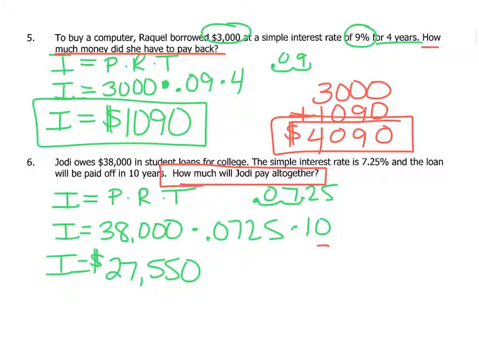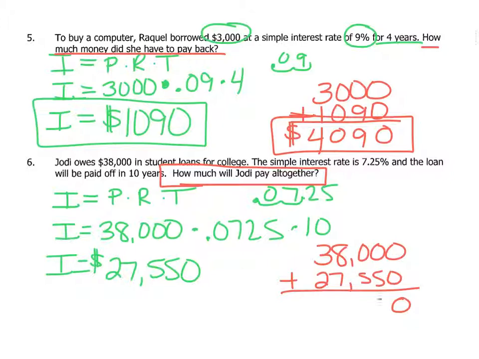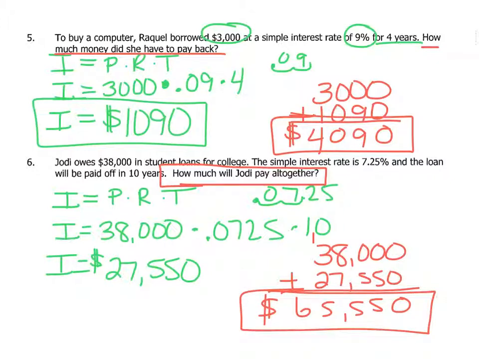Well, of course, she has to pay back the actual loan amount, which was $38,000, plus the interest that was accumulated over that time, which is that amount of money. So if we add these together, she will have to pay back $65,550. So those are some examples on how simple interest works.